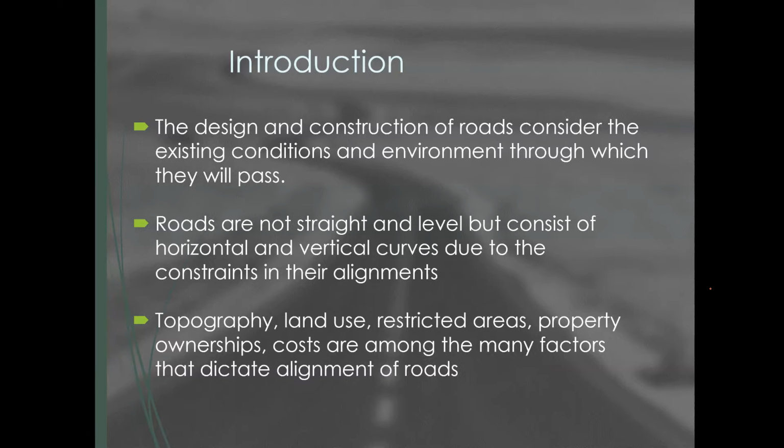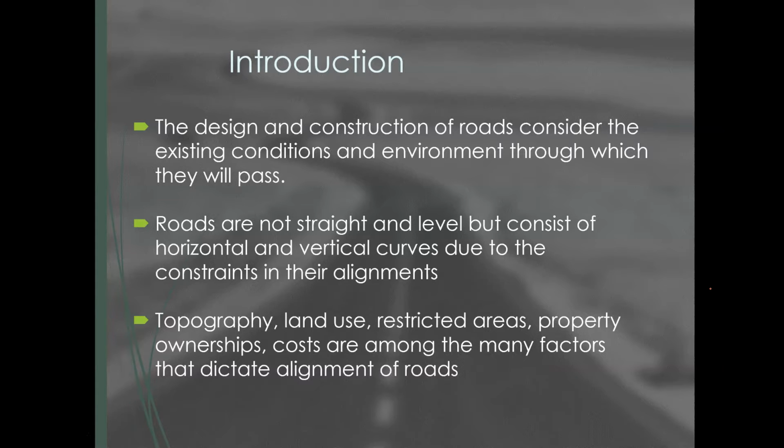When we talk about creating a new alignment of a road, we have to take into account the constraints that we have to deal with. We have to blend in with the existing condition or other restrictions, such as properties, waterways, rivers, undulating grounds, and so forth.